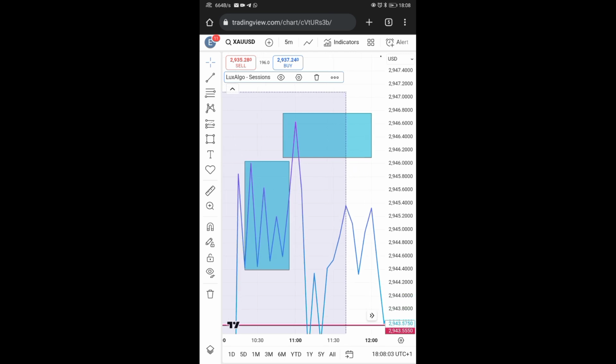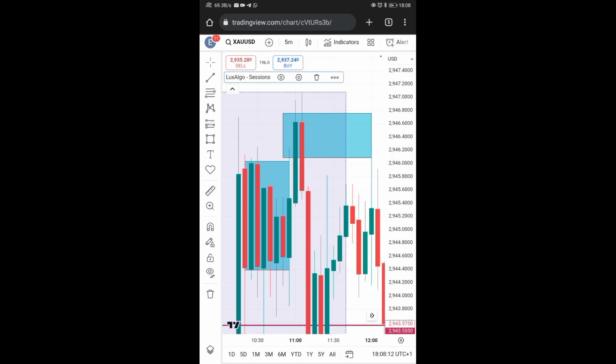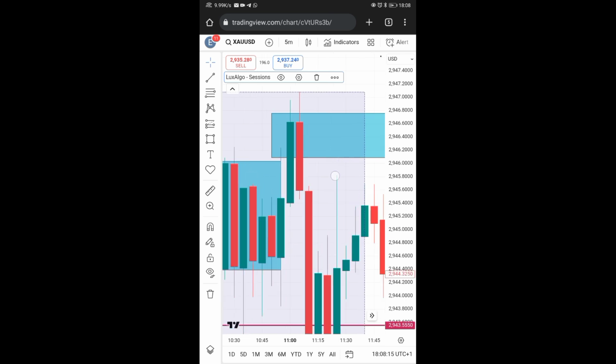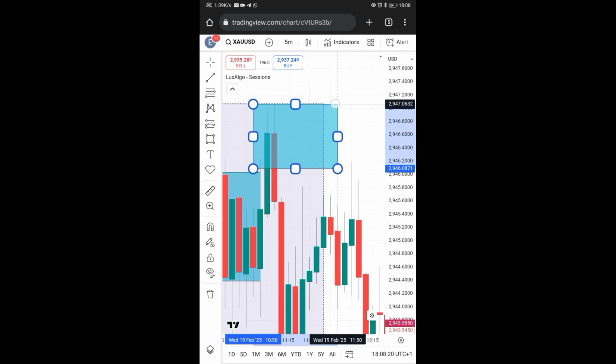So now that you've seen what you are looking for, it is time for you now to turn your chart to a candle. I'm sorry if I'm rushing the tutorial. I don't just want the video to be too long. So you turn your chart to a candle.